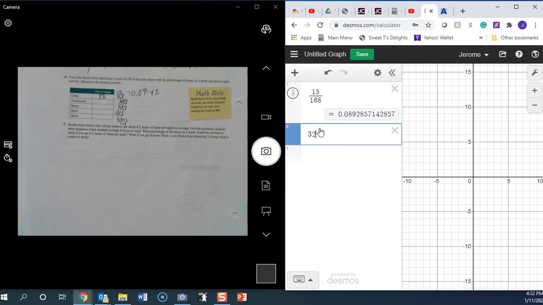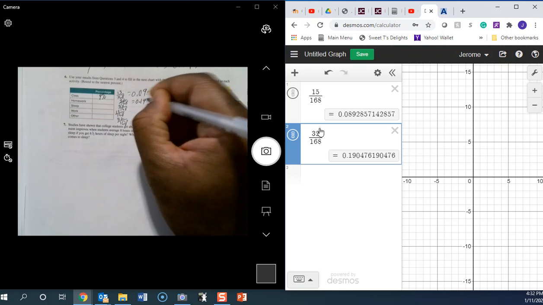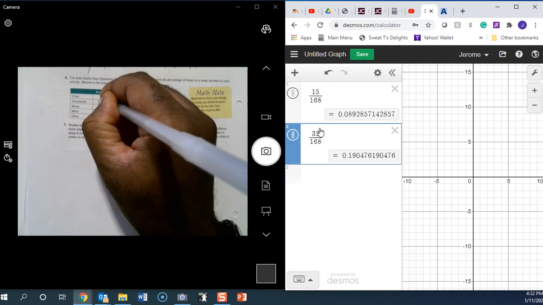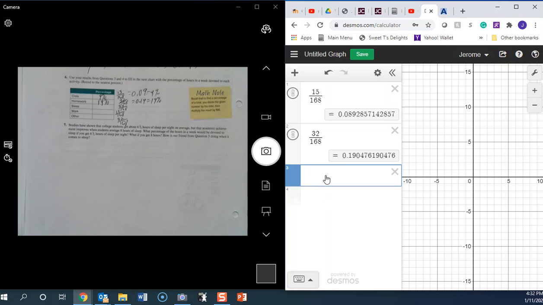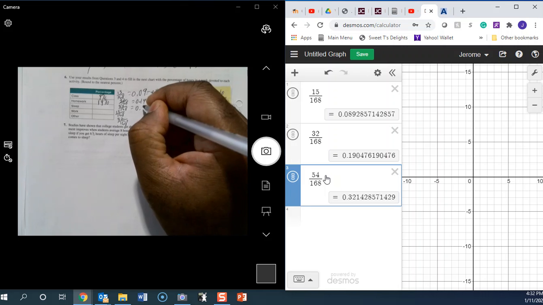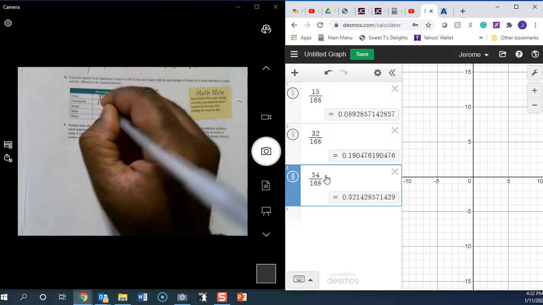Next, we'll do 32 divided by 168. Round to 2 decimal places, it's 0.19, which is 19%. Next, we would do 54 divided by 168. Rounded to 2 decimal places, that would give us 0.32, which is 32%.